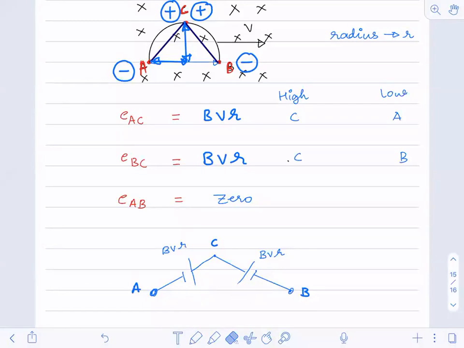Yes, to oppose each other. So this BVR is getting cancelled by this BVR. That's why the potential between A and B is 0. So between A and B, I cannot draw any EMF, but between AC and CB, I can draw an EMF. I hope this is clear to all of you. Is it clear to everyone?